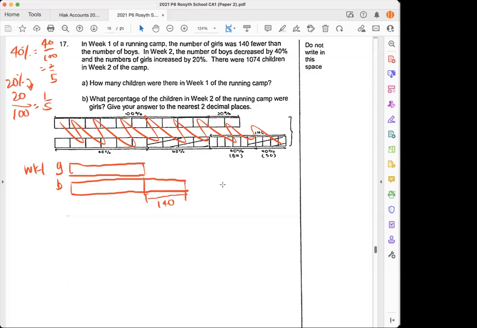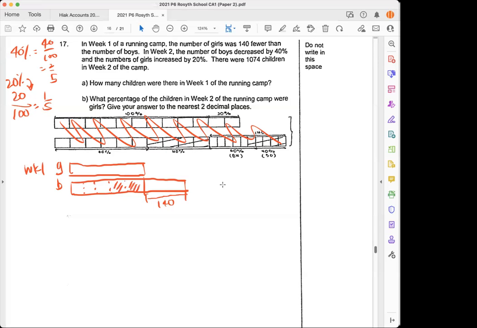So the question says that the boys decreased by 40%, so decreased by 2/5. So I look at the boys model. There are 2 parts to the boys model. The one on the left, I cut into 5 parts. I cut away 2/5. That's what the boys decreased by.